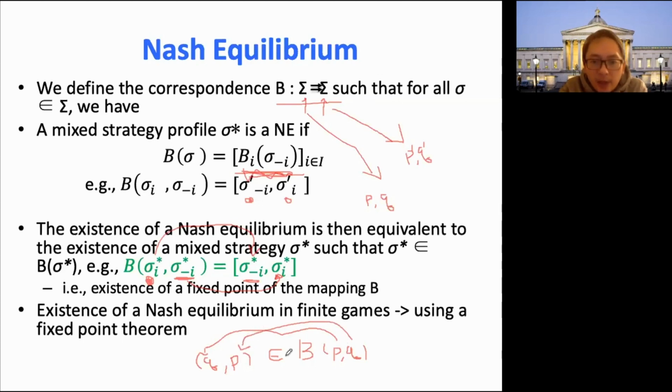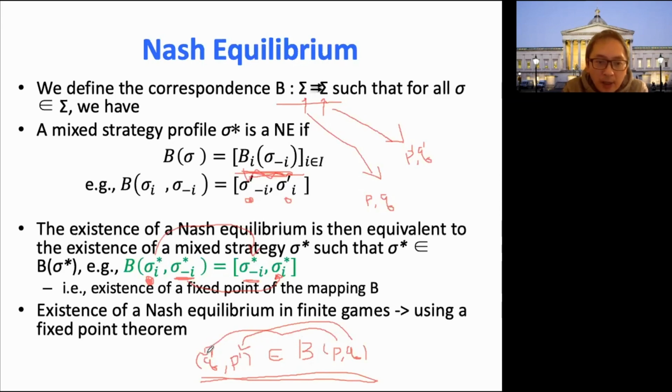It might be the case that you get a different value, so I'm using this prime here to show that they have different values. What this basically says is that if you have a best response, it's not necessarily a Nash equilibrium, because I respond to you, you respond to me, and then you have a different best response.